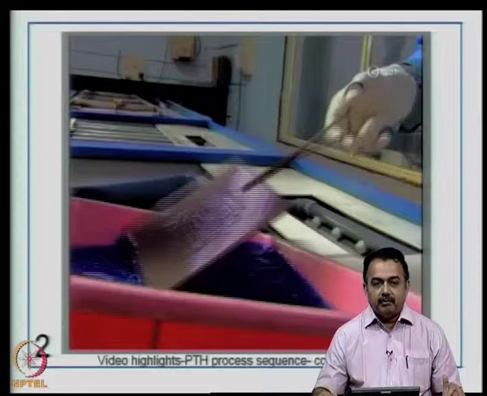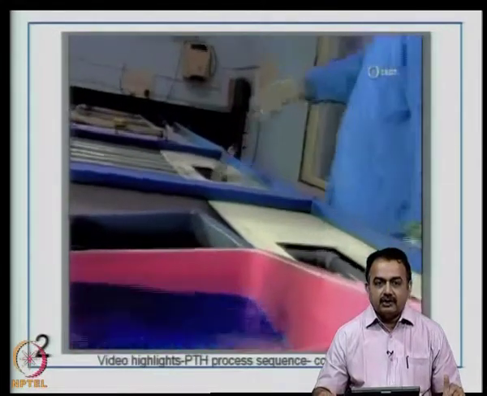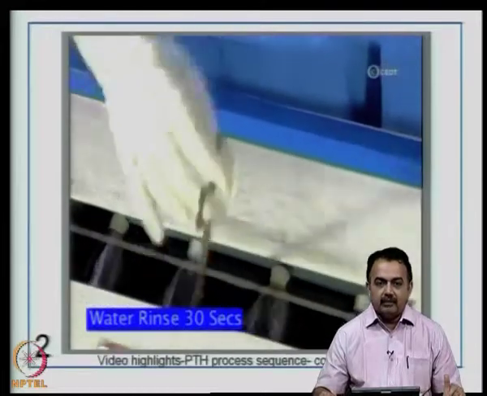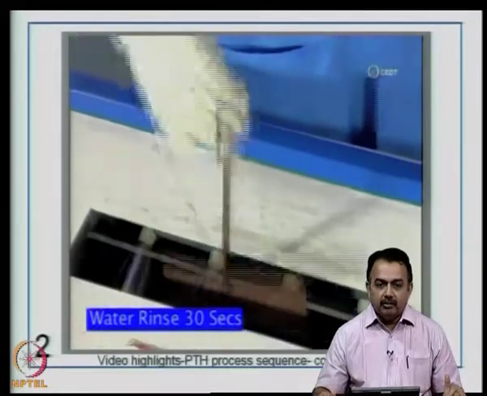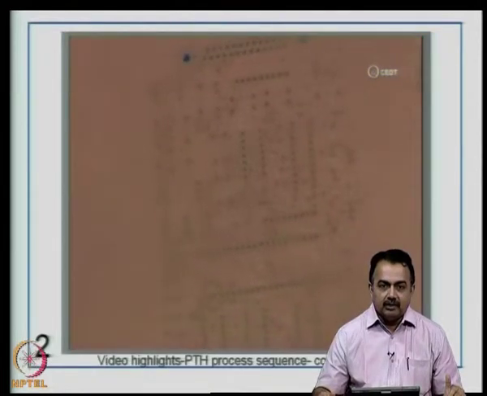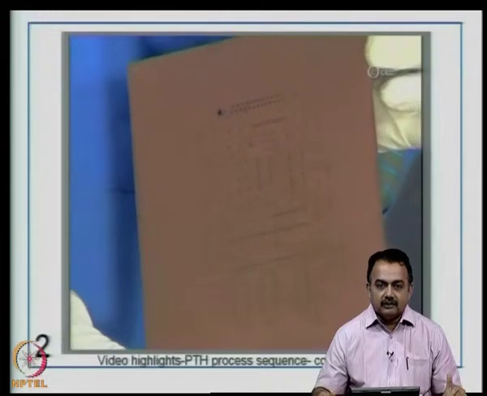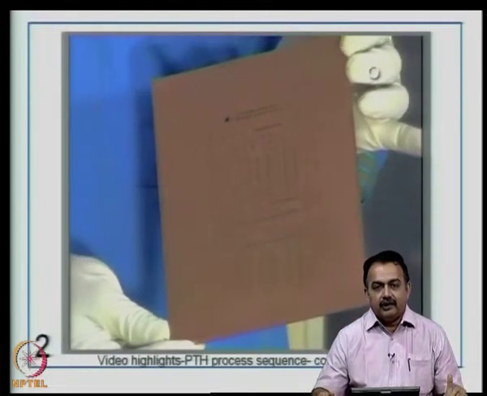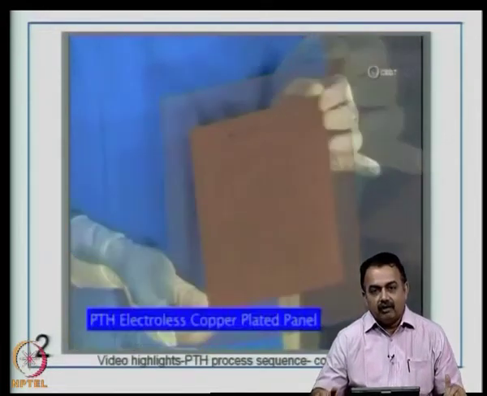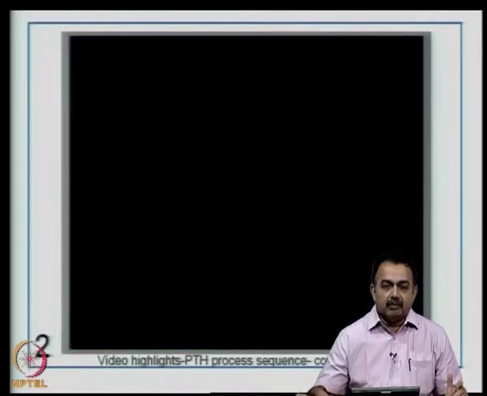This contains a copper sulphate solution and a reducing agent, which will reduce the copper at the site of the palladium into copper atoms. You can see the color has changed, copper has been deposited on the surface as well as the hole wall surface. This is the very key process for all through hole boards. So, this is now a complete electroless copper plated panel.